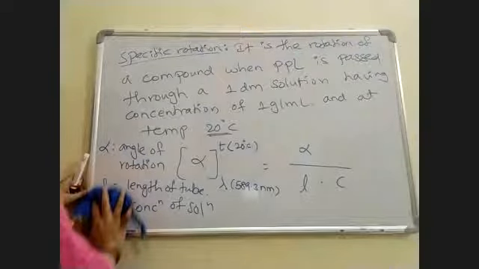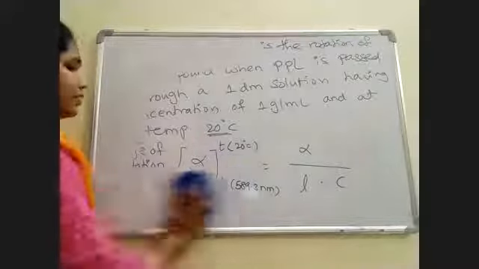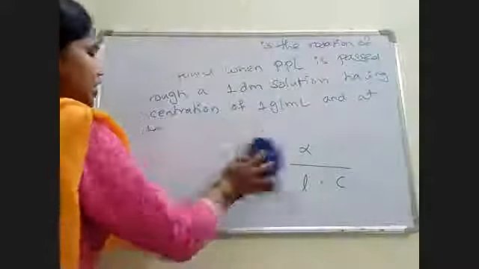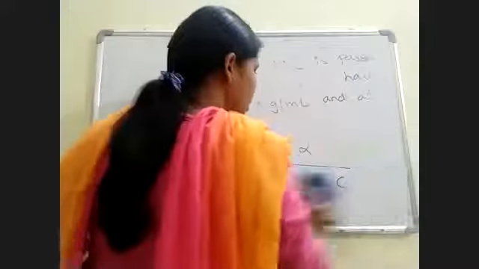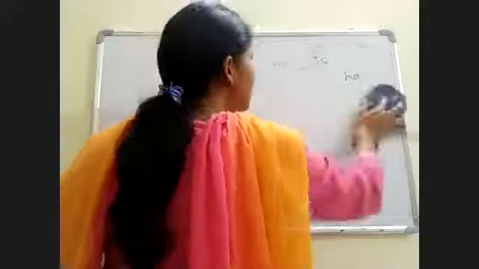We'll go on to optical activity. We measure the optical activity with the help of a polarimeter tube. So what are optical isomers?